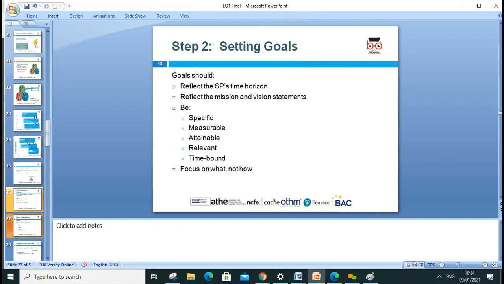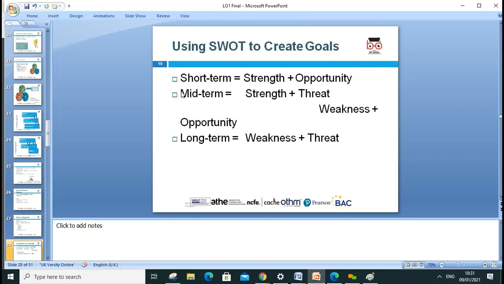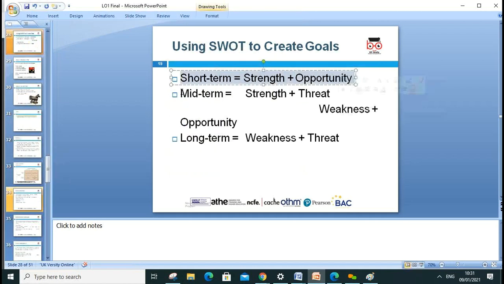Second, setting goals. Set your goals to reflect your strategic planning time horizon. Goals need to be SMART. Third, we discussed the environment, looking at opportunity, threat, SWOT analysis.